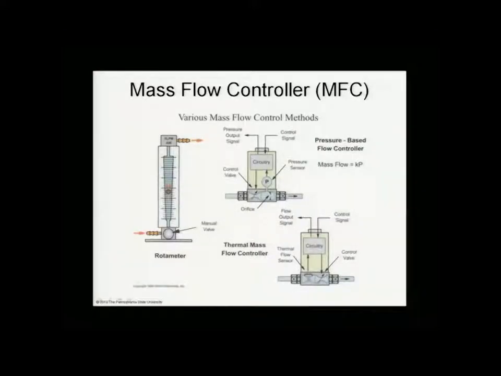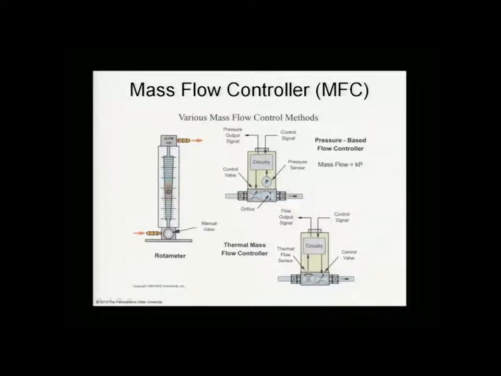Here is a depiction of some mass flow controller systems or tools or instruments. This is a simple type that uses a ball, and the gas comes in. You turn this, and depending on the speed of the gas past the ball, it can hold the ball at different spots here.